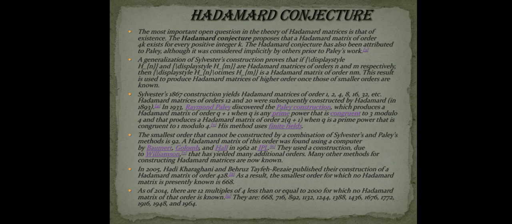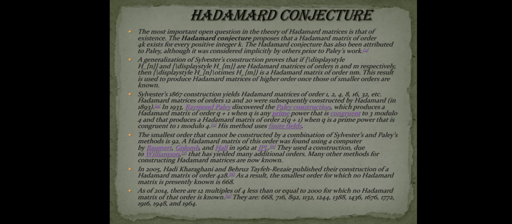In 2005, Hadi Kharaghani and Behruz Tayfeh-Rezaie published their construction of a Hadamard matrix of order 428. As a result, the smallest order for which a Hadamard matrix is presently not known is 668.